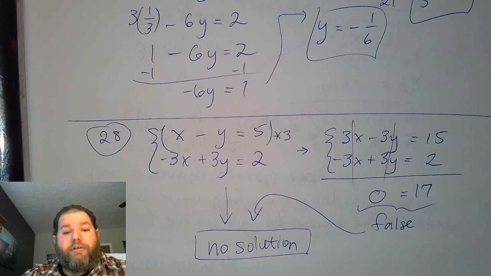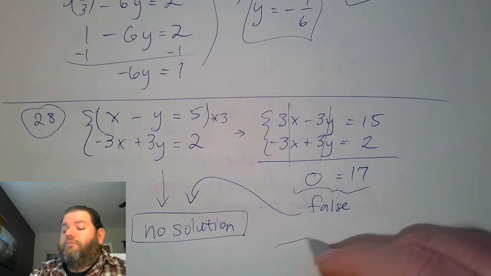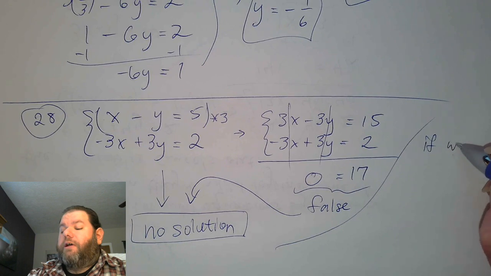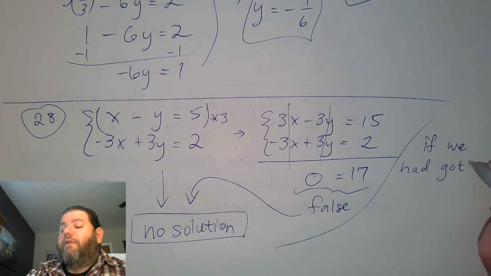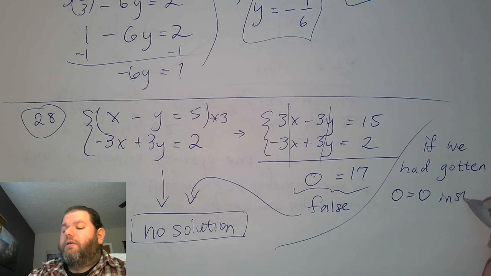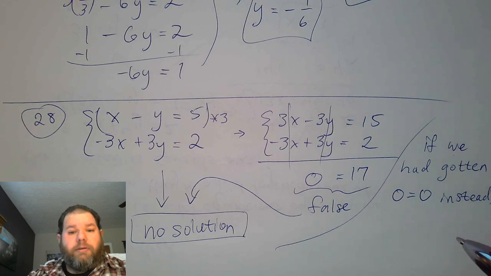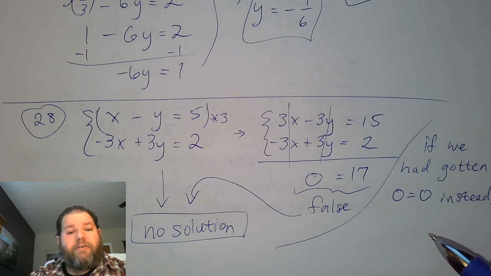Now, there is another potential scenario here, and that is, what if the numbers on the right-hand side cancel out as well, and we end up with just 0 equals 0? Well, if we had gotten, let's use proper English here, even though it's a math class, if we had gotten 0 equals 0 instead, this is a true statement, but it's a true statement that does not tell us anything about x or y.